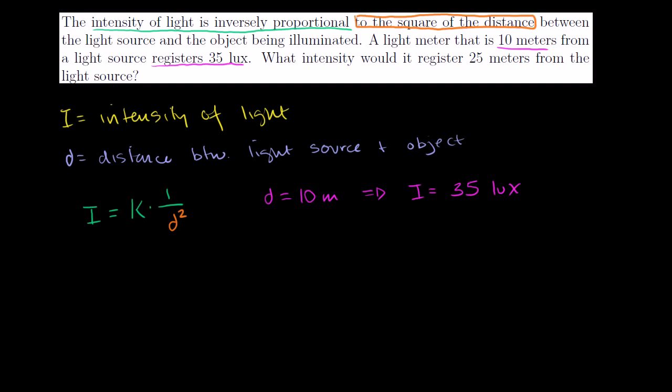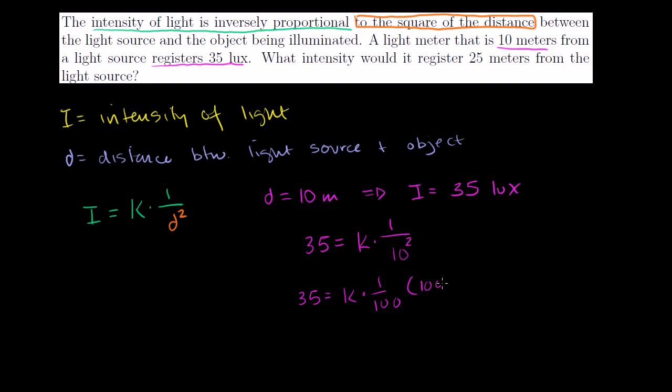So they told us that when d is equal to 10, I is equal to 35. So 35 is equal to k times 1 over d squared, 1 over 10 squared, or 35 is equal to k times 1 over 100. 10 squared is just 100.